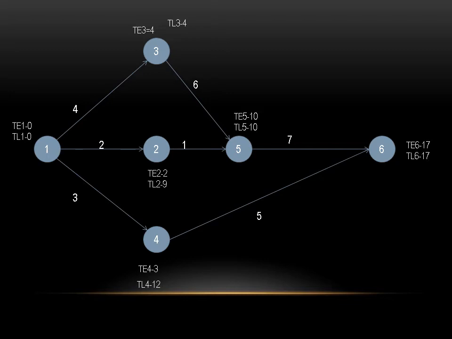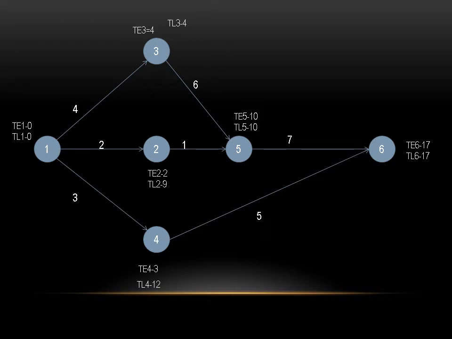Put a comma. Then 2 to 1, 9 minus 2, 7 days, comma. Then 4 to 1, 12 minus 3, 9 days. So 3 to 1 it will be 0, 2 to 1 it will be 7, and 4 to 1 it will be 9 days.